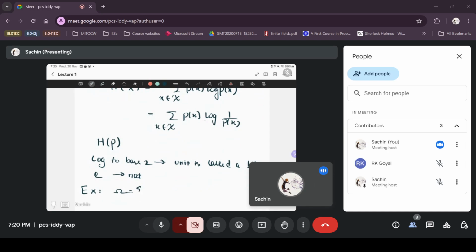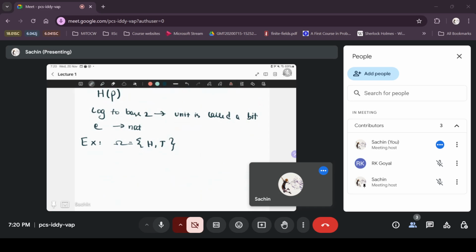So your sample space is head or tail, and let's say the random variable is also just the identity function.